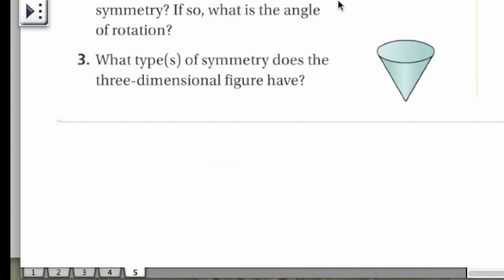Question 3. What types of symmetry does the three-dimensional figure have? So we know that if we put a plane over here, it will divide it into half, so it has reflectional symmetry. And if we add a line, it rotates about a line, so we know that it has rotational symmetry.